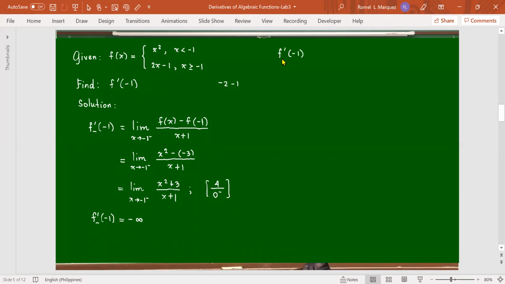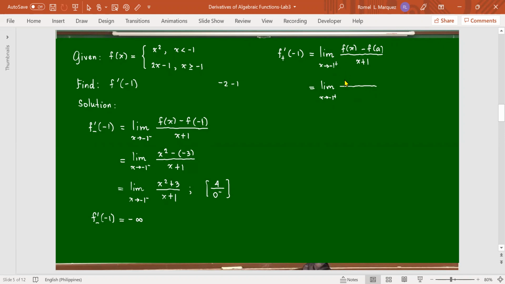So from the right, we have the limit as x approaches negative 1 from the right of f of x minus f of a all over x plus 1. What is my f of x?